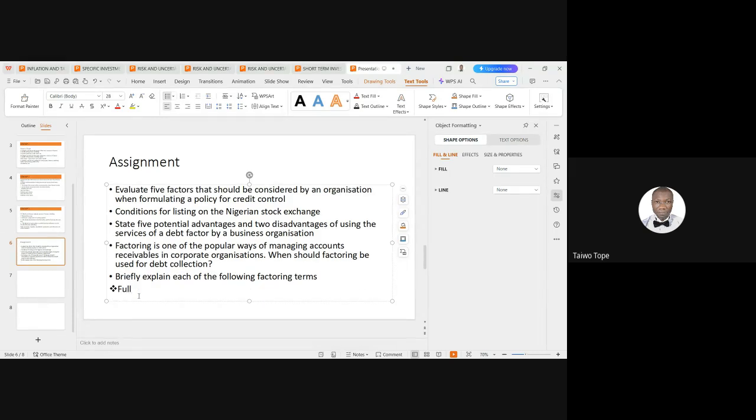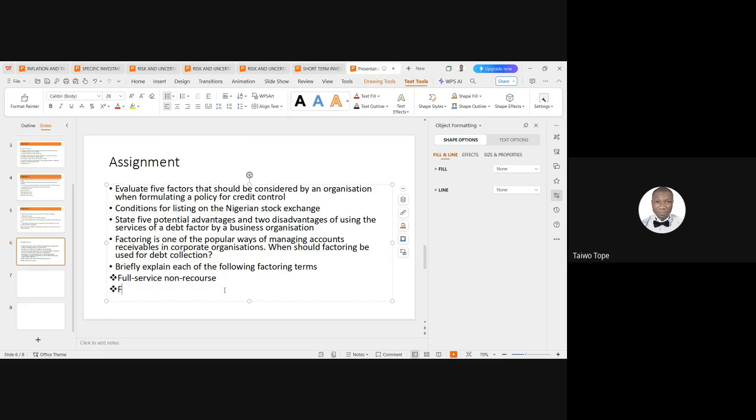Briefly explain each of the following factoring terms. Full service non-recourse. What is this? Full service non-recourse, and full service recourse factoring. If you check one of my notes, I think this is there.